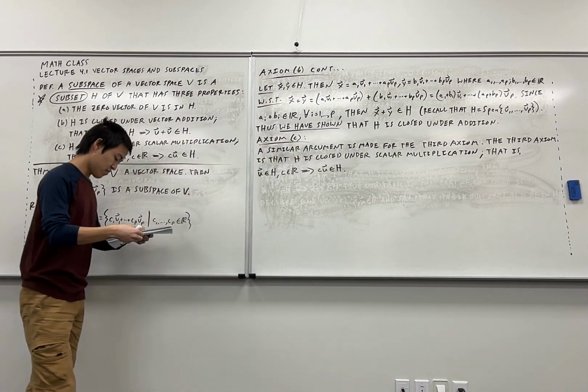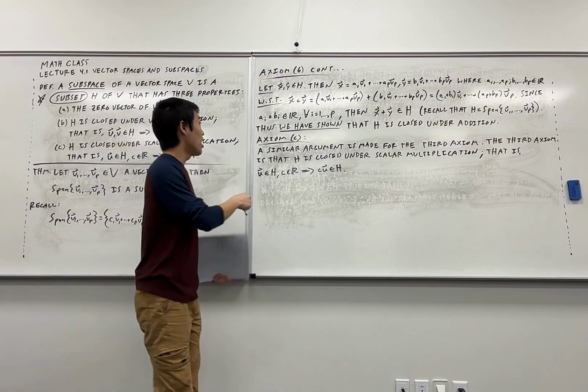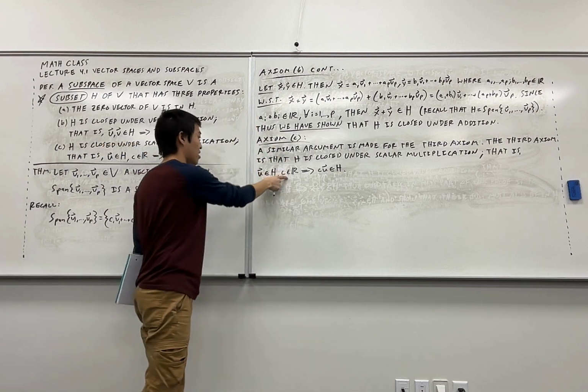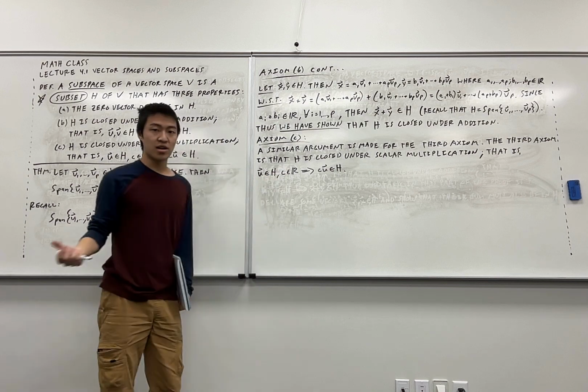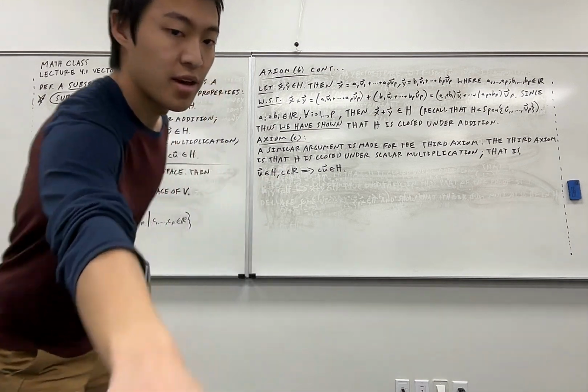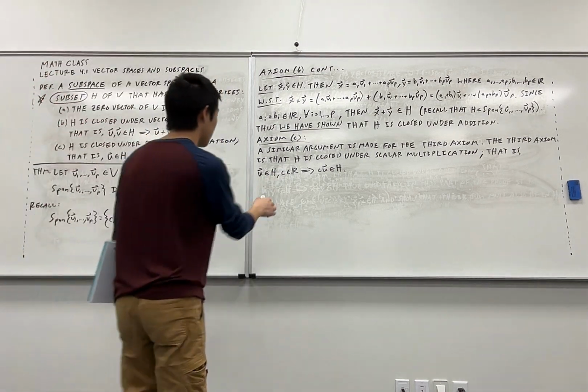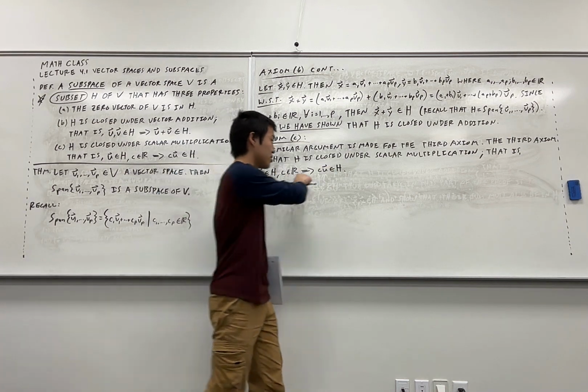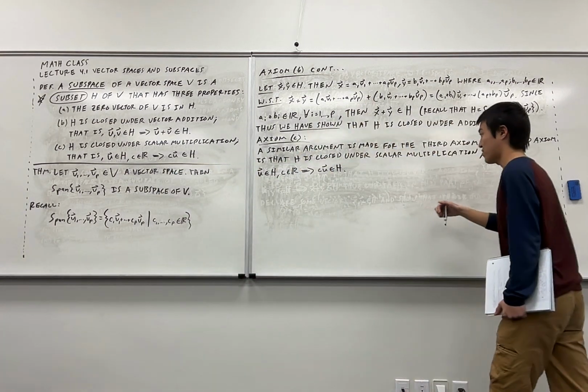So again, very, very similar stuff. A similar argument is going to be made. I need to initialize my stuff, and then once I've initialized it, I'm going to show basically through computation that cu is in H. Very similar to the previous one.